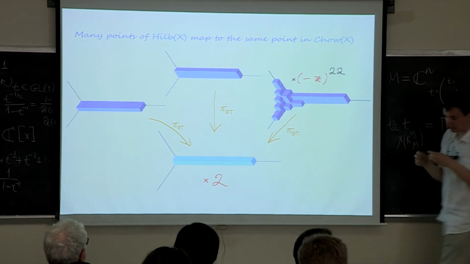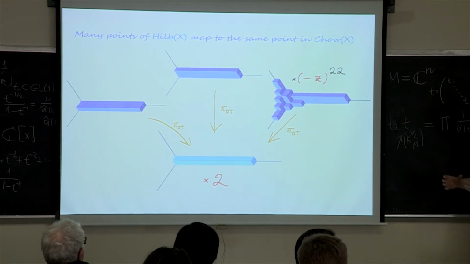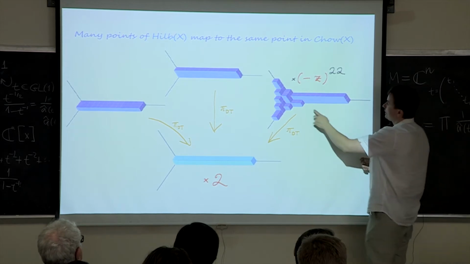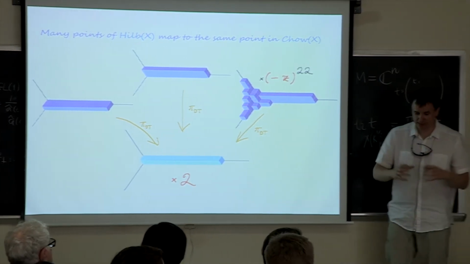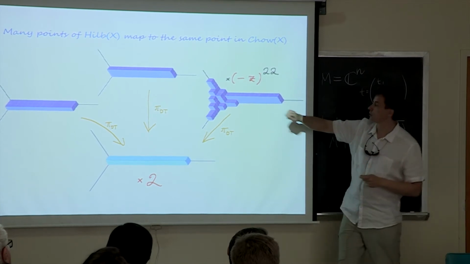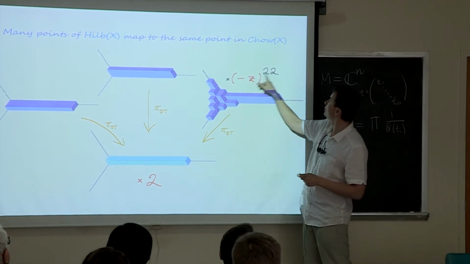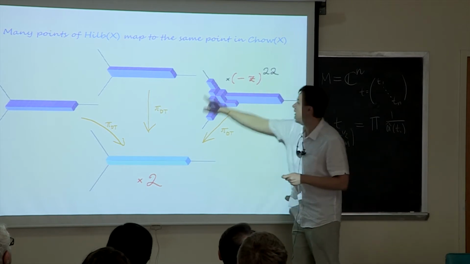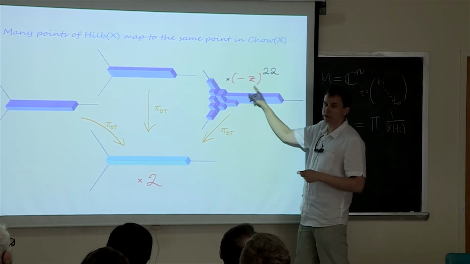But fortunately, the way this generating series is organized is that it will sum up over all possible Euler characteristics with some weight. And so here, if I counted correctly, I had 22 extra boxes. So this will be counted with a weight, some variable raised to the power 22.